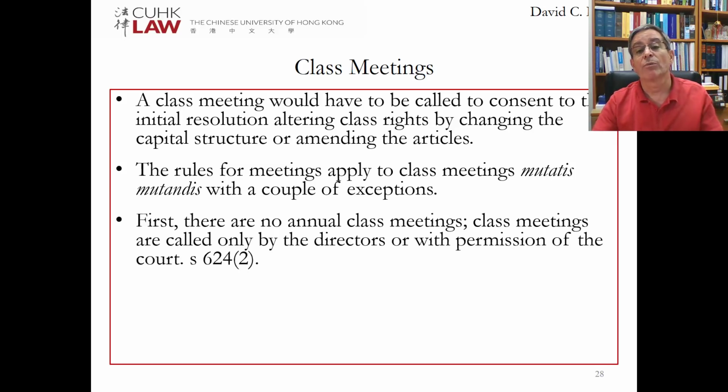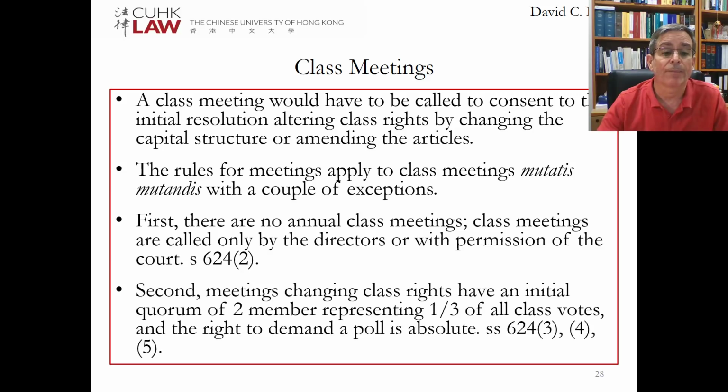And of course, there will be no annual class meetings, although that could be provided for in the class itself if that's seen as attractive. But generally speaking, there will be no annual class meetings, and class meetings are called by the directors or with permission of the court. Okay?